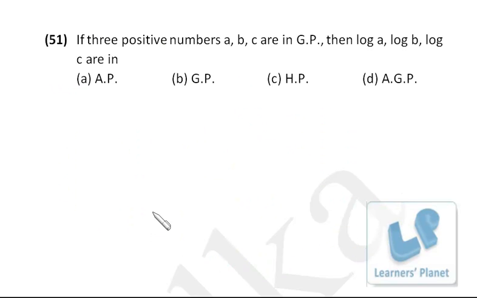Now see this question. If three positive numbers A, B, C are in GP, then log A, log B, log C are in. Okay, if A, B, C are in GP, then we can write B square is equal to AC. If I take the logarithm of both sides, log B square is equal to log AC. Right?